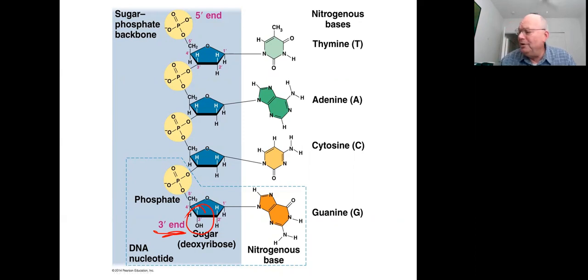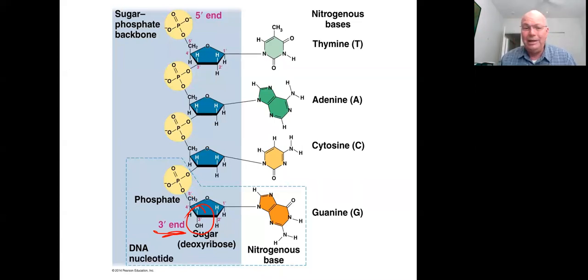The phosphate of each nucleotide is then attached to the 5' carbon, which actually lies outside of the ring because of the way the ring forms. And if you're not sure about how the ring formed, you can go and review back in chapter 5, although it's not really essential that you understand how the rings form, just that the ring does form, and the 5' carbon lies outside it.